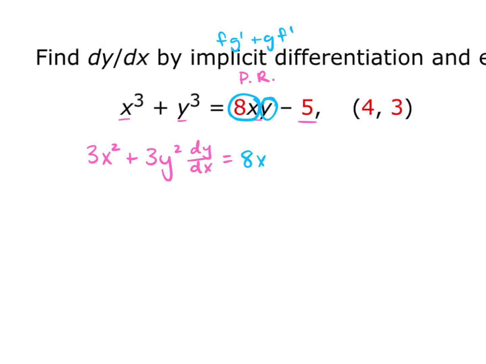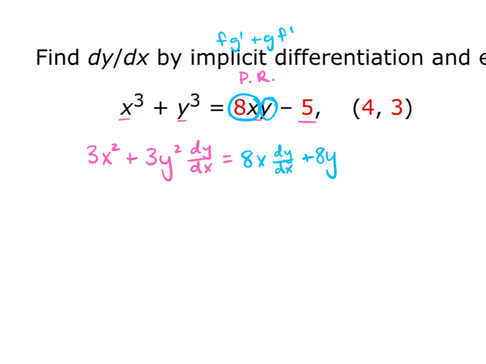What's the derivative of y? 1 dy dx. So don't forget that dy dx. Plus the second, so y, times the derivative of the first. What's the derivative of 8x? 8. Then minus 5. What's the derivative of negative 5? 0.